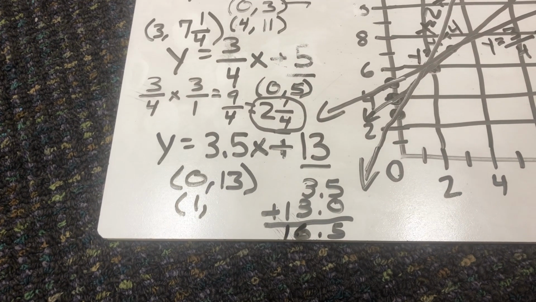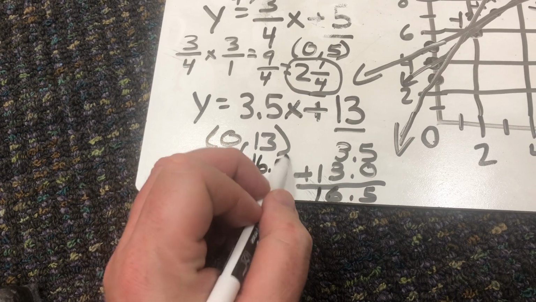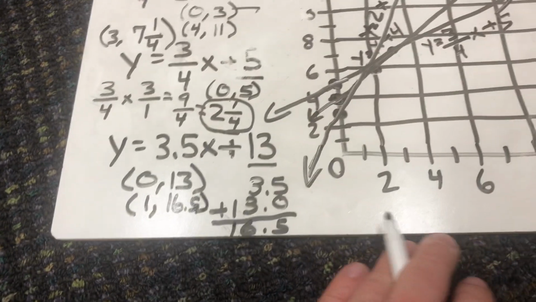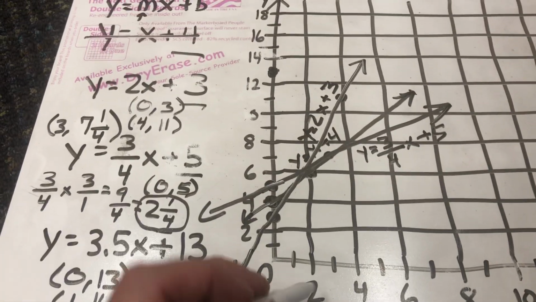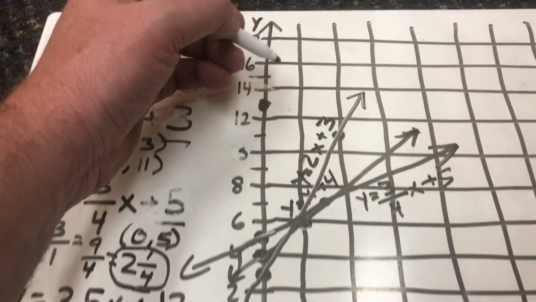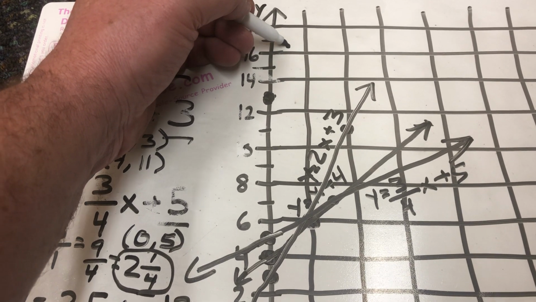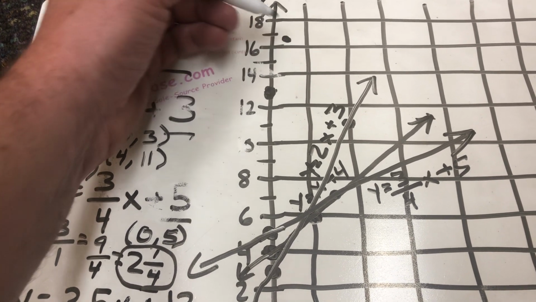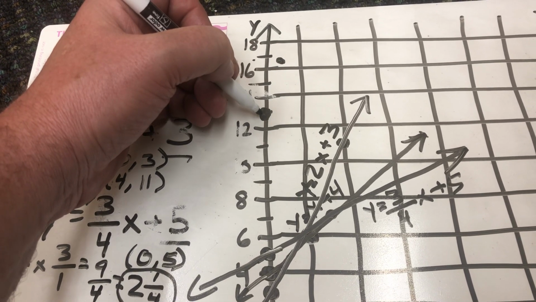I get 16.5. So 1 and 16.5. I go to my graph, I go over to 1 on the x-axis, and then I go up to 16.5. Well, there's 1. 16.5 is going to go about right there, because it's got to be halfway between 16 and 17.